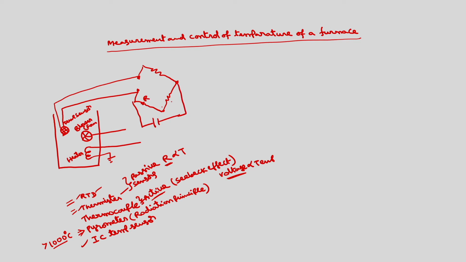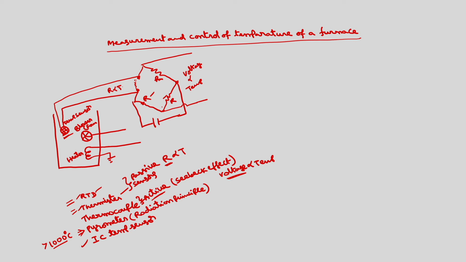So these are R. We will assume that this resistance, because of the temperature, is proportional to temperature. At room temperature, we will assume that this resistance is equal to the other resistances, so that the bridge will be balanced. And if I take the output here, the output voltage will be 0. So if the temperature is other than room temperature, we will get a voltage here which is proportional to the temperature.